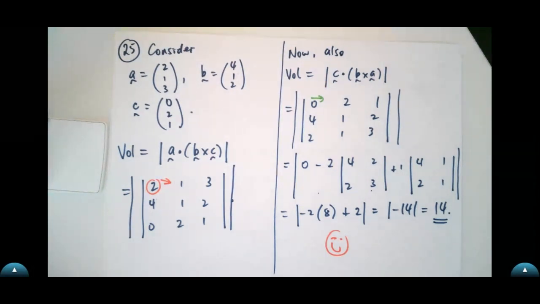So it doesn't matter how you label it, Crystal. You should end up with the same answer. It's a good question though, because it's like, does it matter what I label where? No, it doesn't matter.